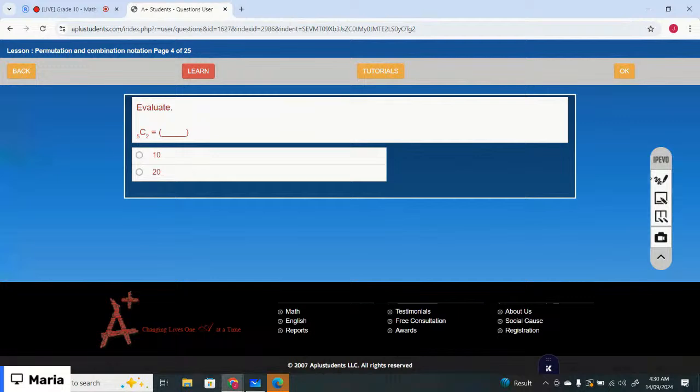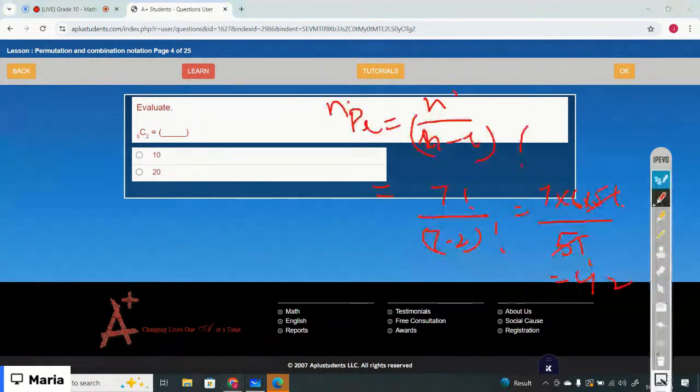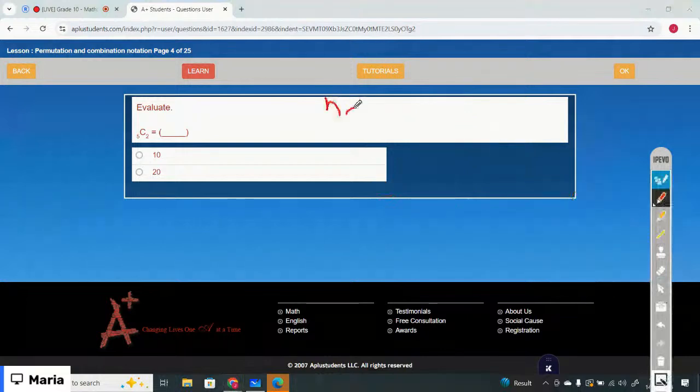Yes, 5C2 you have to evaluate. You need to evaluate the combinations, right? You can do nCr equals n factorial divided by r factorial times n minus r factorial. So n is 5, 5 factorial divided by 2 factorial and 5 minus 2 is 3 factorial. So you can do 5 times 4 times 3 factorial divided by 2 factorial times 3 factorial. 3 factorial cancels out. 2 times 1 is 2, 5 times 2 is 10. So the correct option is 10.